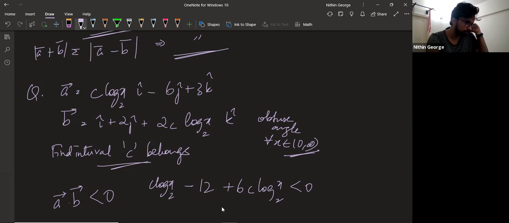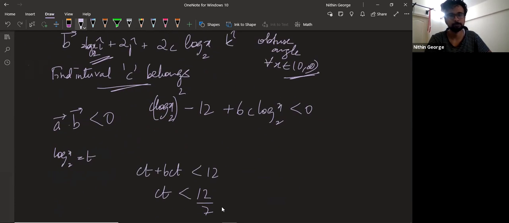Let me check the question here. Guys, there's a slight change in the question. This is log x to the base 2 the whole squared, so this becomes t squared.